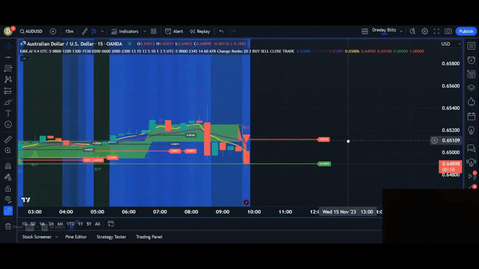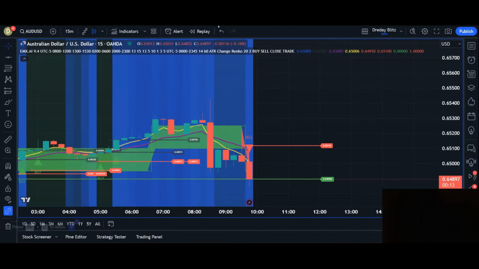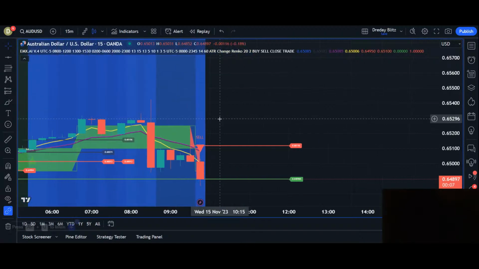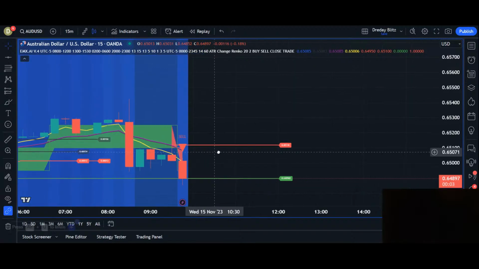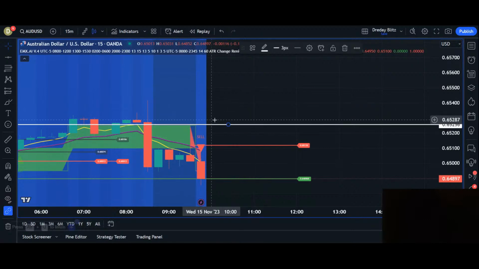So let's work on this one. AUD/USD, you have a sell signal right now at 9:45. What you need to do is put your stop loss here at the previous Renko.